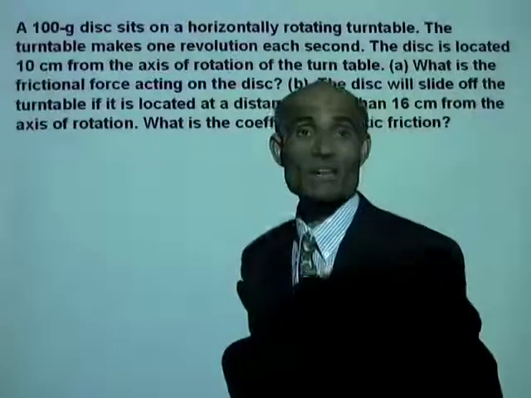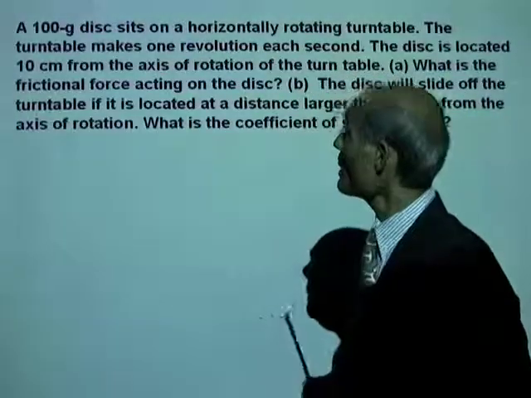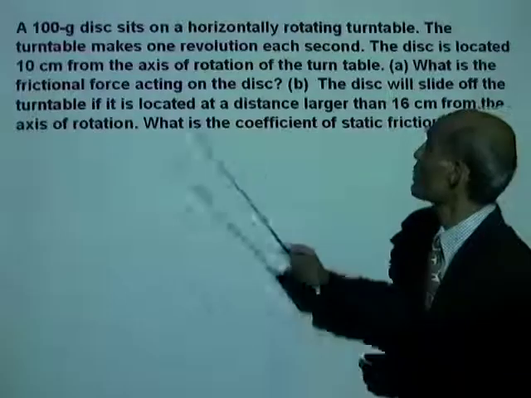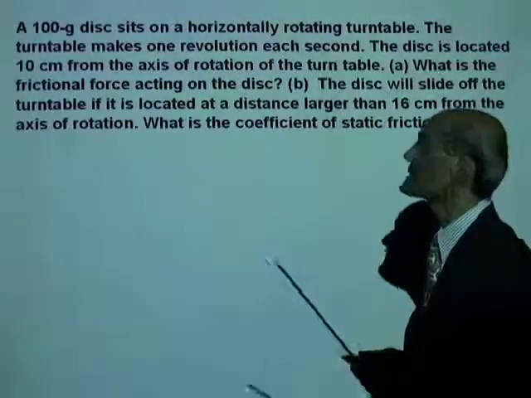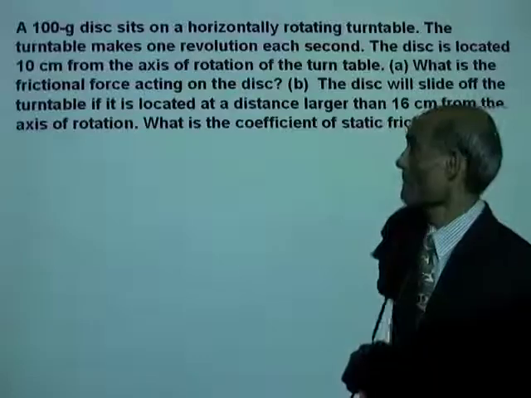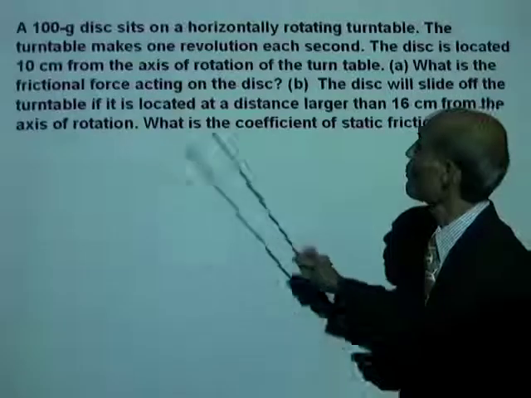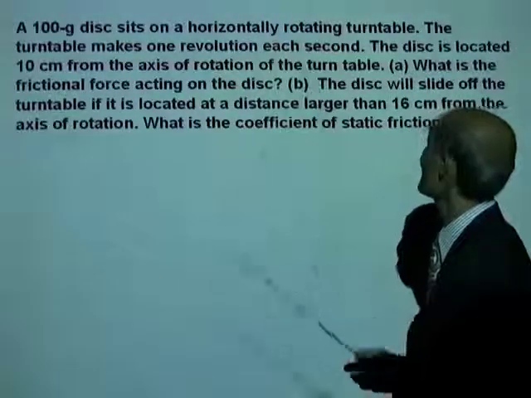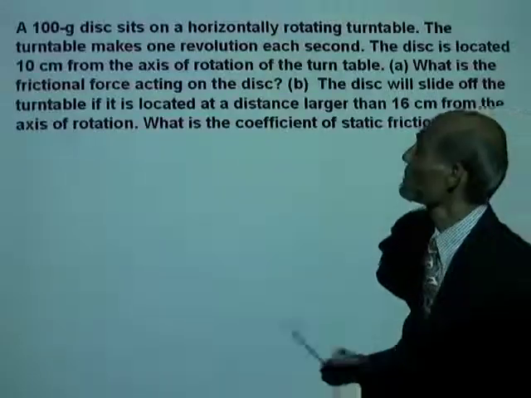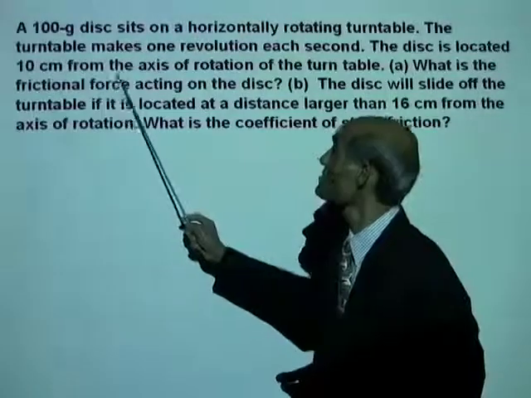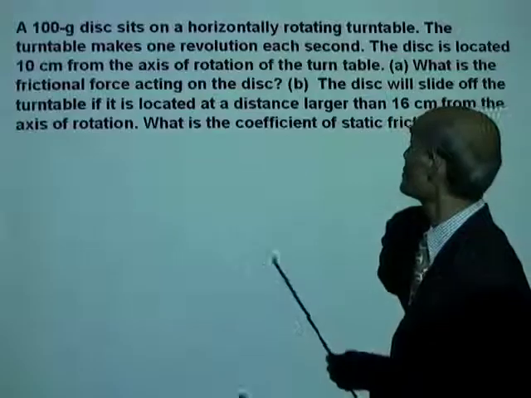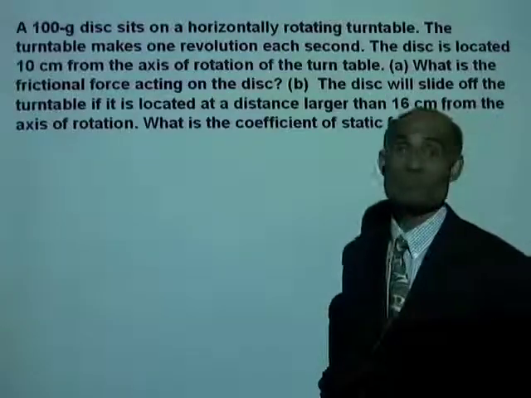Okay, let's look at another problem. A 100-gram disc sits on a horizontally rotating turntable. The turntable makes 1 revolution each second. The disc is located 10 centimeters from the axis of rotation of the turntable.